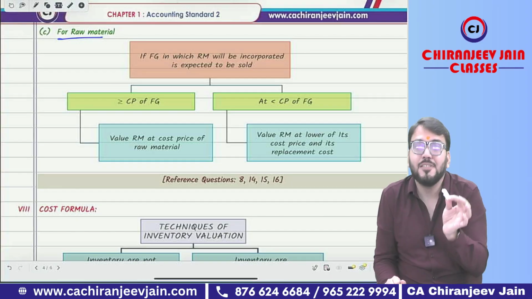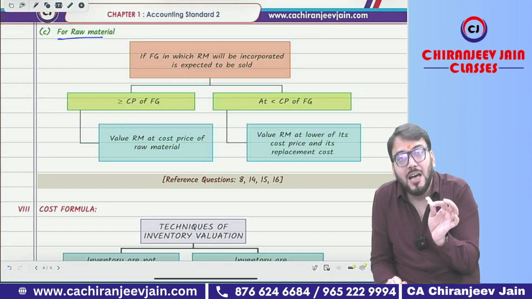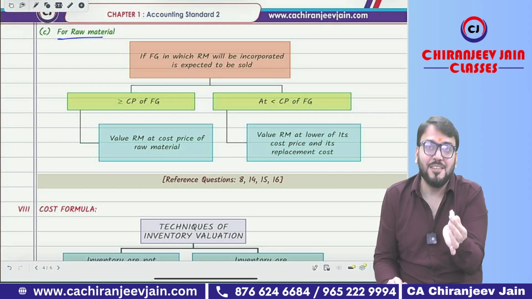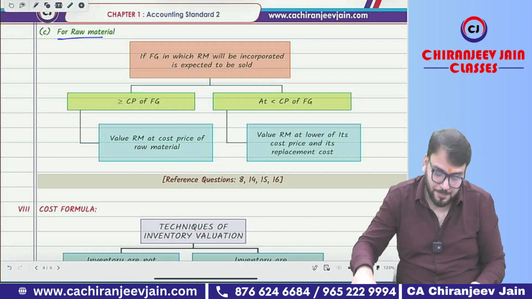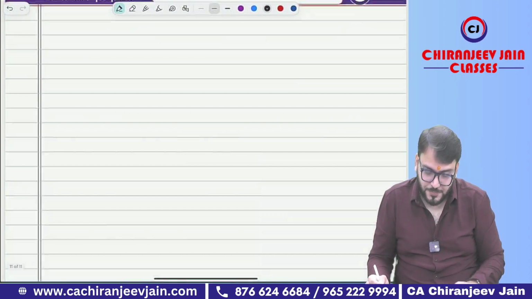Once again, in that case, valuation of raw material depends upon the expected sale price of finished goods which will be produced from the raw material. What do they want to say?